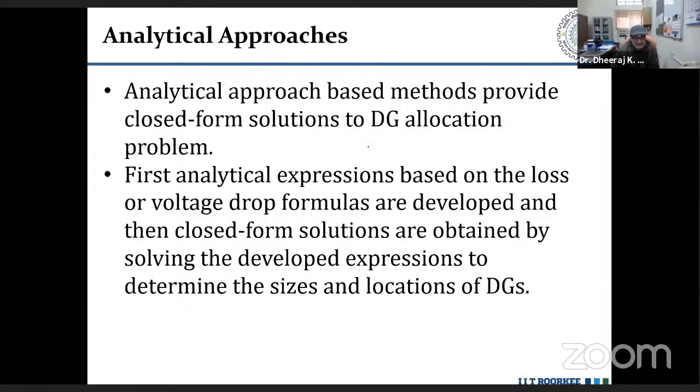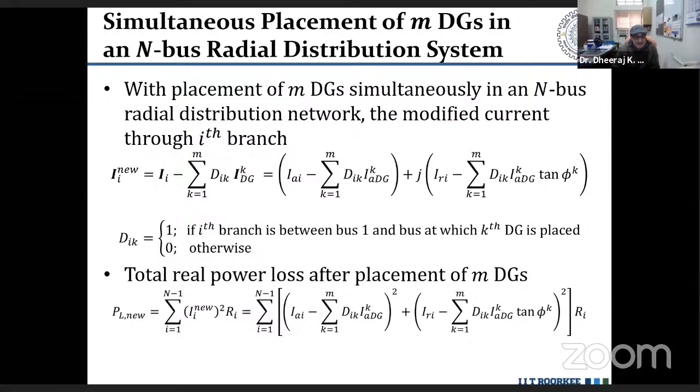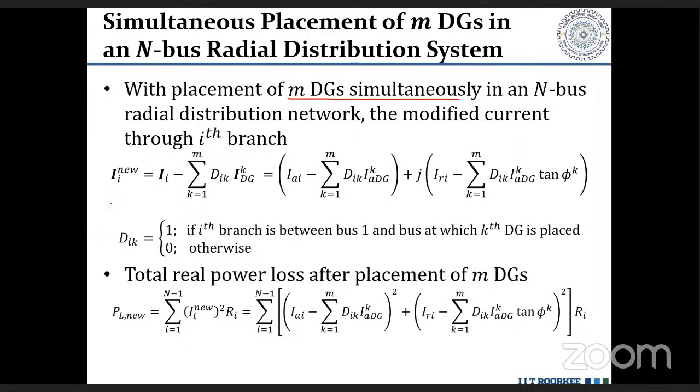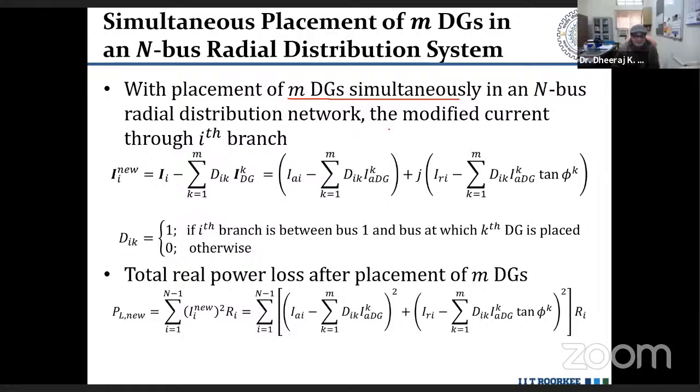We will extend the previously developed approach. Here we are allocating m DGs simultaneously in an n bus distribution network. In the previous case, we connected only one DG, but here we are connecting m DGs simultaneously. Again, because of DG placement, the flow of current through different branches will be modified.